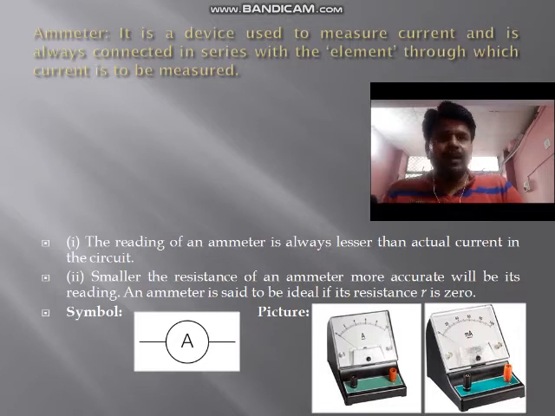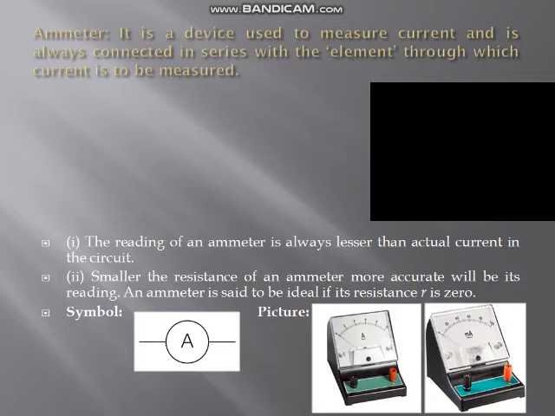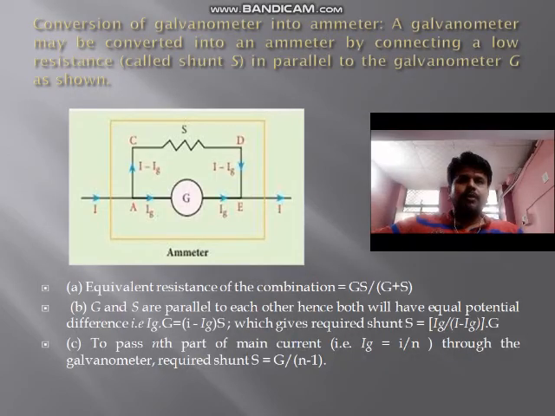In the previous topic, we learned about galvanometer and ammeter. Here we will discuss how a galvanometer can be converted into an ammeter using a low resistance shunt in parallel with the galvanometer, as shown in the figure. By observing the figure, you can easily identify that the shunt resistance is connected in parallel with the galvanometer.